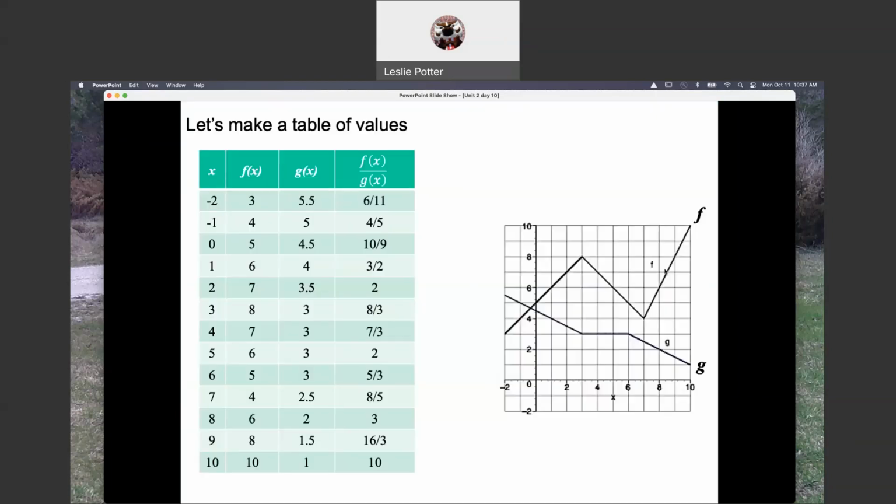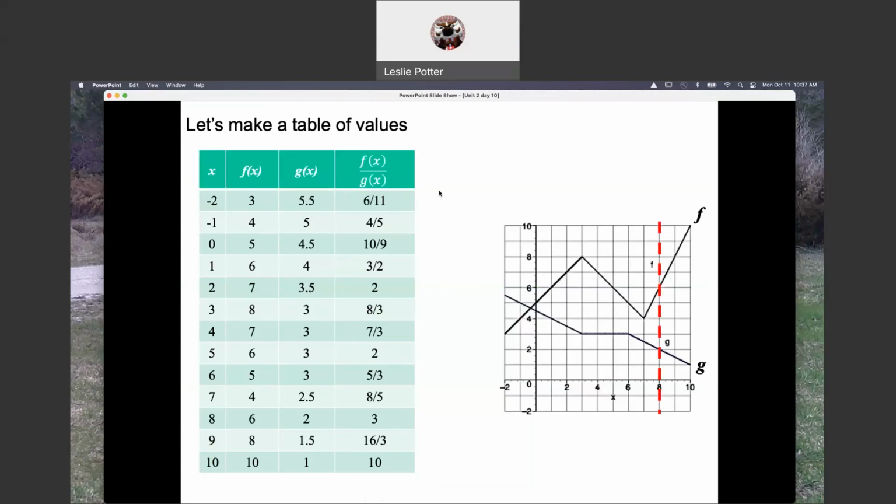This is the same thing we looked at last week. There's function f, there's function g, it's graphical. I converted the data on the graph into a table, and last week I multiplied them together. This week I'm dividing f by g, and here are all of these quotients that we get.